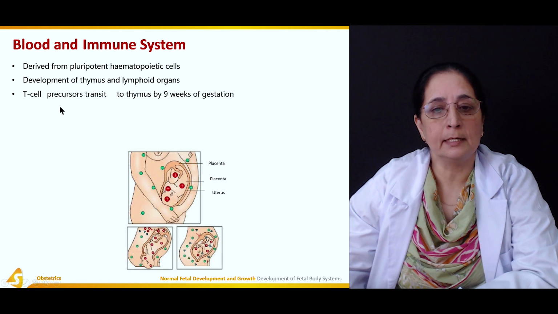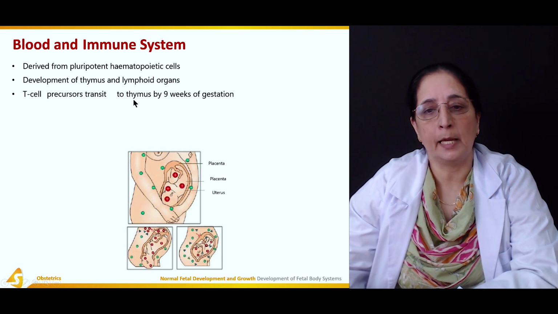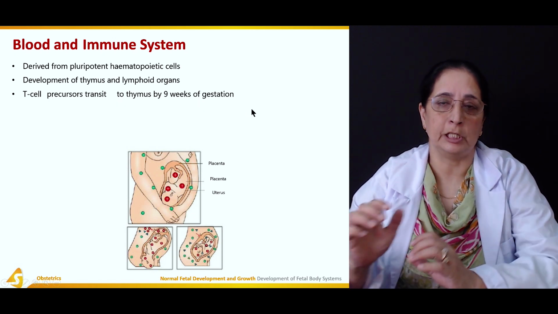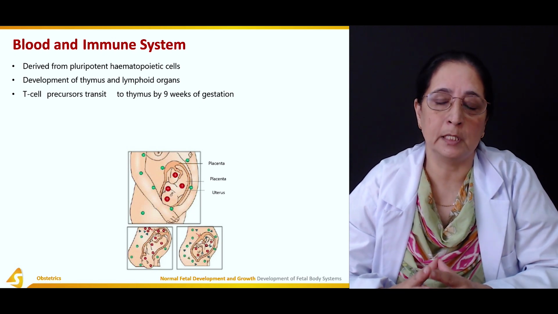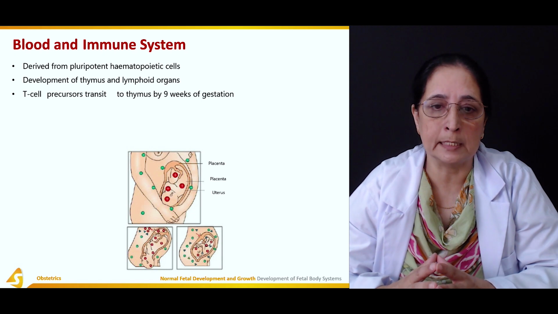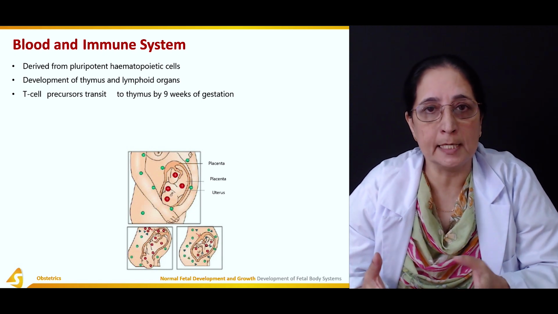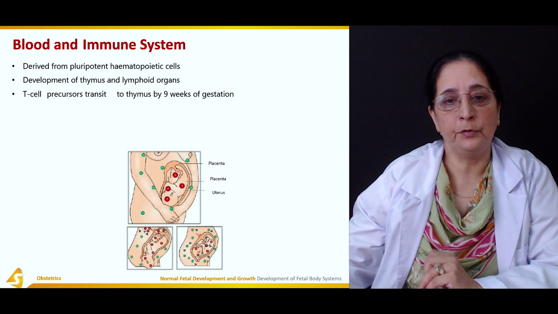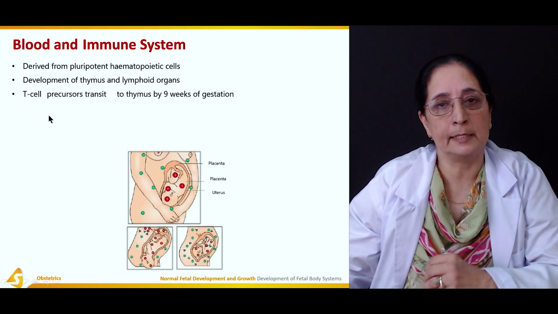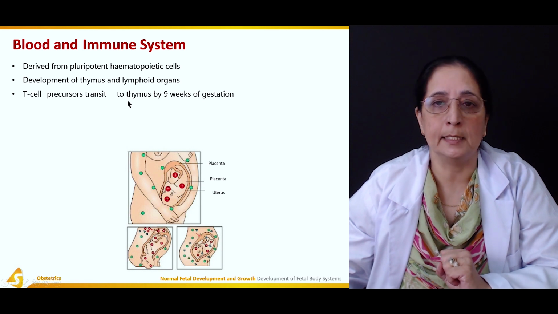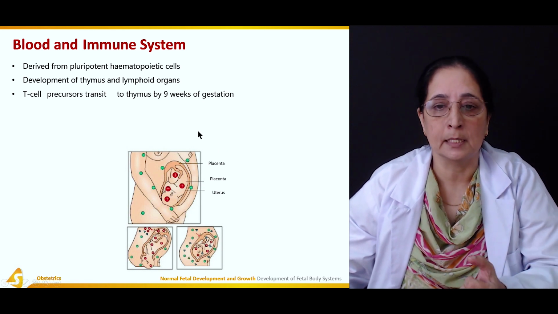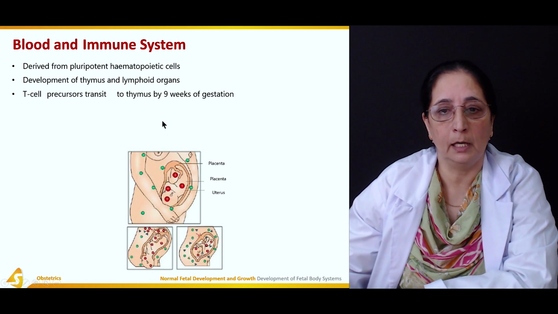T cell precursors transfer to the thymus by 9 weeks of gestation. T cells are the cells responsible for the immune system, for protection against different infections. So the cells responsible for the production of T cells are transferred to the thymus by 9 weeks gestation.